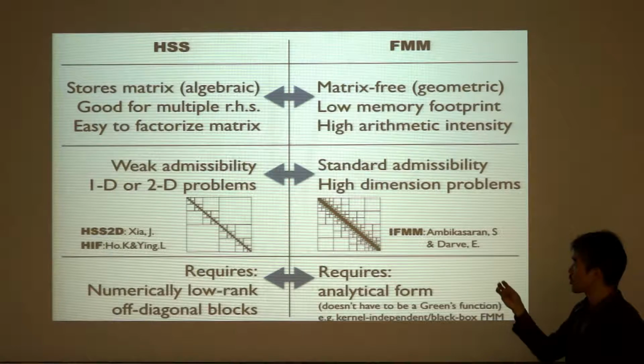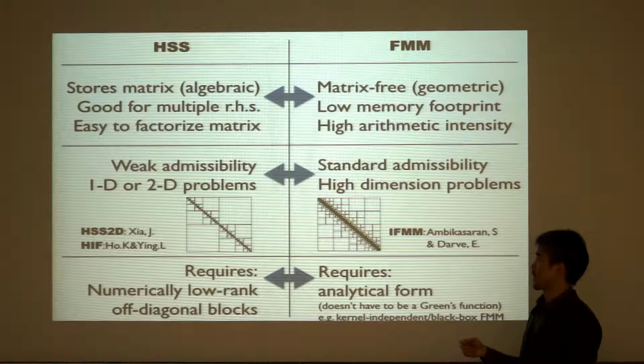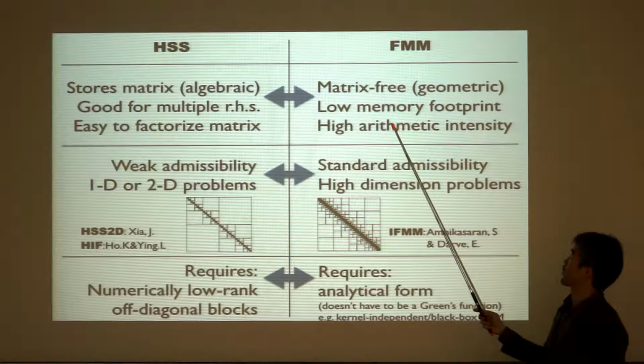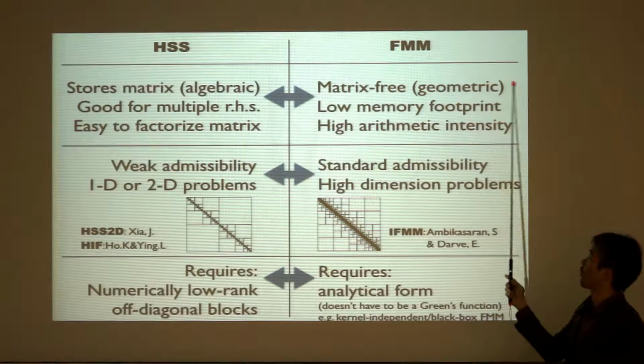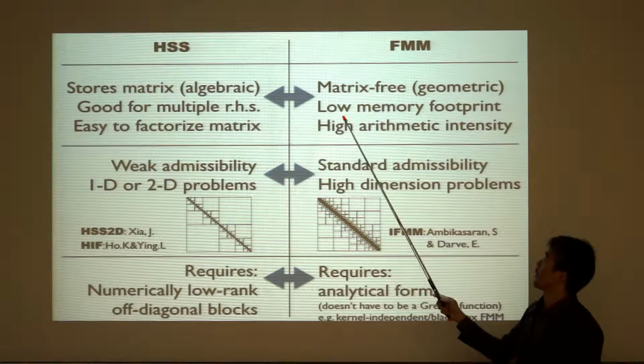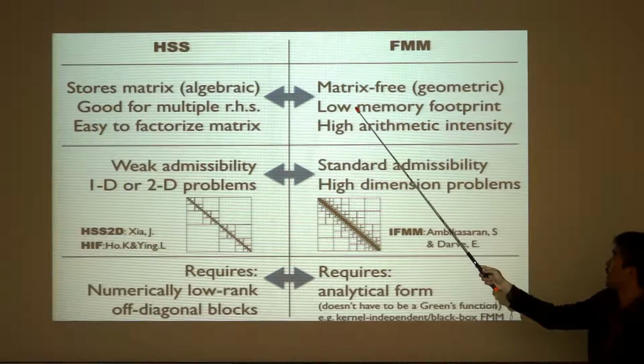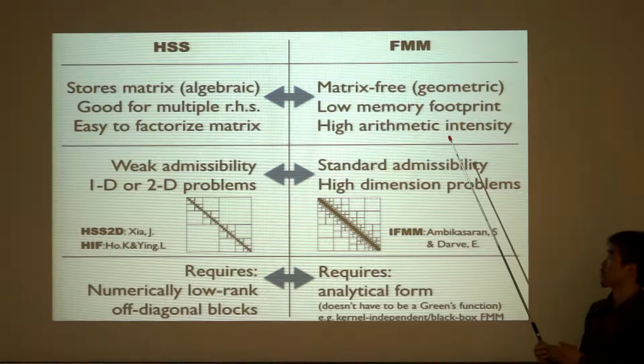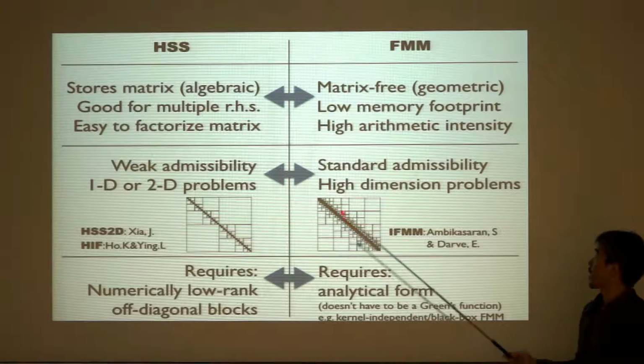So you do construct the matrix in the sense that you calculate the entries, but then you throw them away immediately. So you never hold the whole matrix in memory. You just hold them one element at a time. So it has low memory footprint, so you can handle potentially much bigger problems.